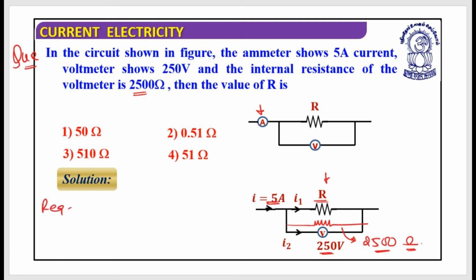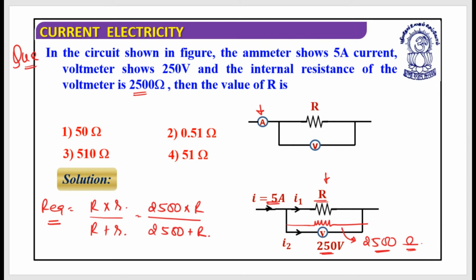R equivalent should be R into small r, the internal resistance, divided by R plus r. Yes, I hope these things are clear. So this could be written as 2500 multiplied by R divided by 2500 plus R. This is the R equivalent.